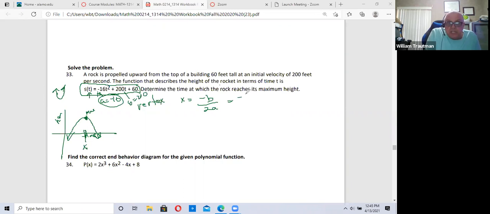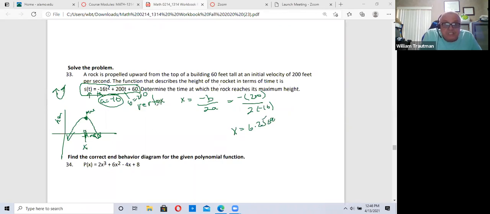So this is negative B, put 200 in there, over 2 times A, and A is negative 16. So let me put this in my calculator. Negative 200 divided by negative 32, and I get X equals 6.25 seconds.